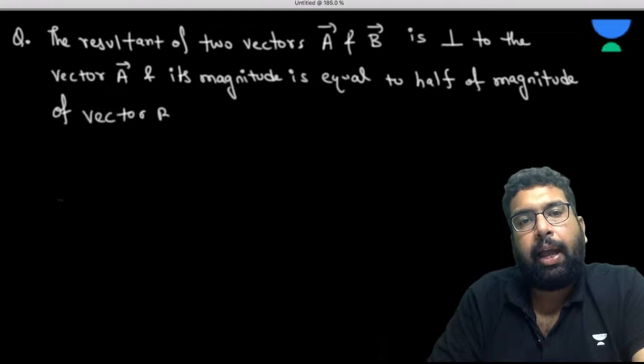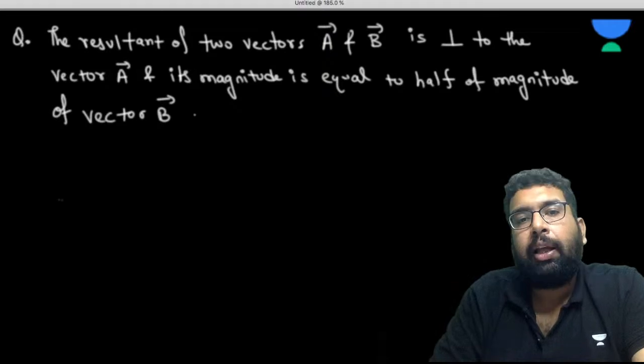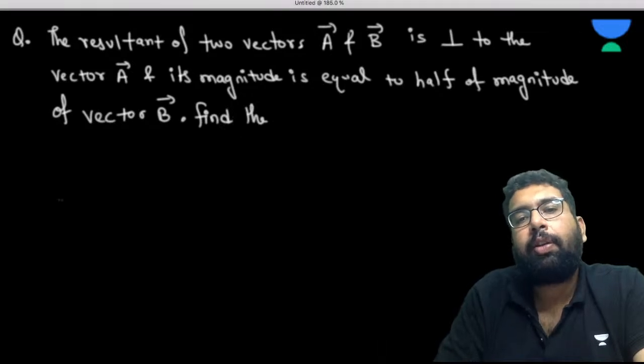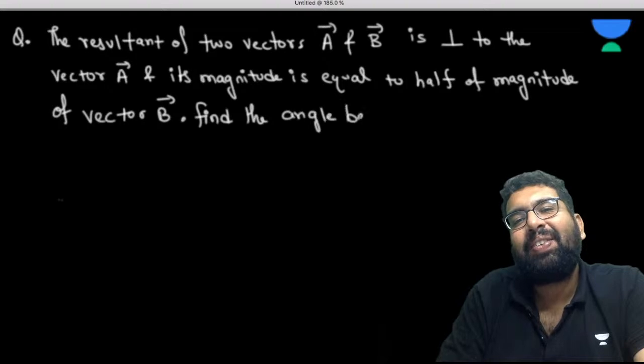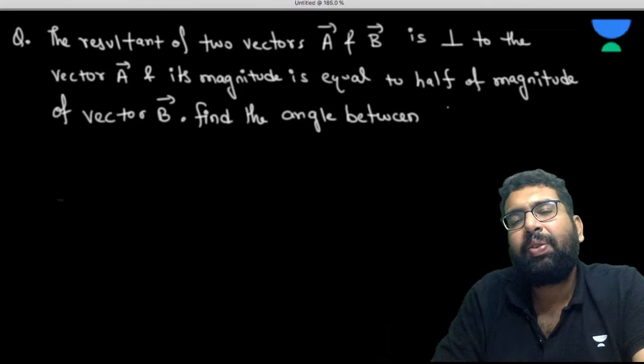Like in vectors, there are so many ways to deal with it. When you go to the Cartesian way, there is one way to solve this question in the Cartesian way also, but it will be too messy for you. But we can do that also when we complete the Cartesian.